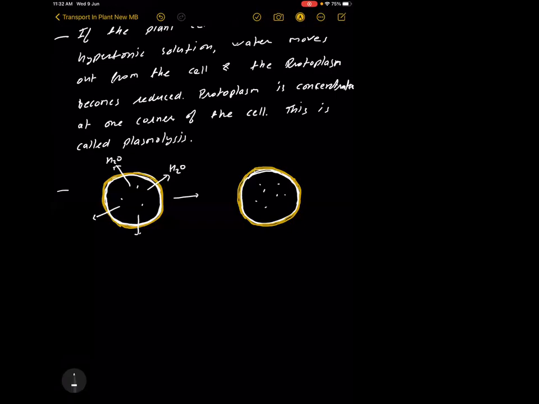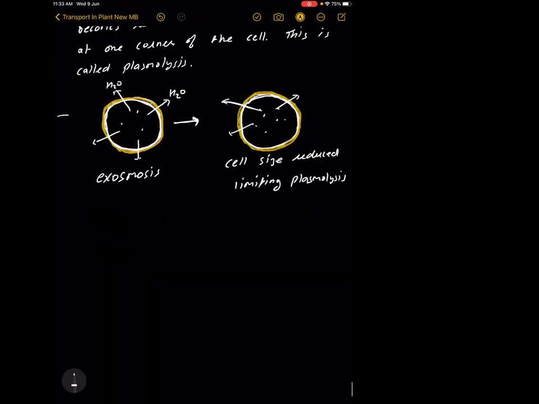So water moves continuously, and the cell starts shrinking, or you can say there is reduction in the size. This stage is called exosmosis. Then the cell starts shrinkage or size starts reducing. This stage is called limiting plasmolysis.